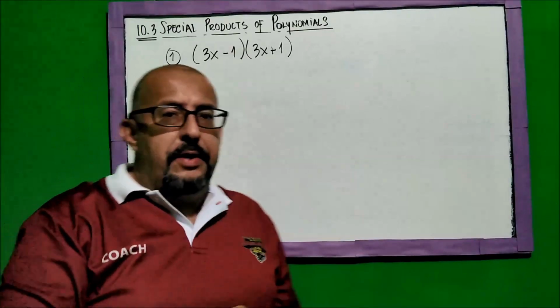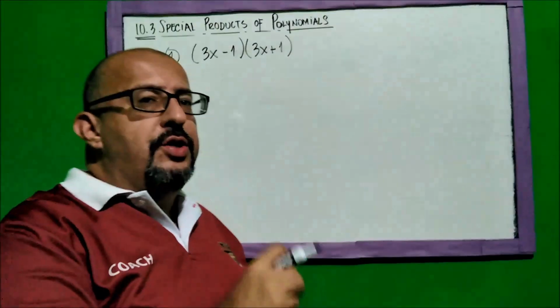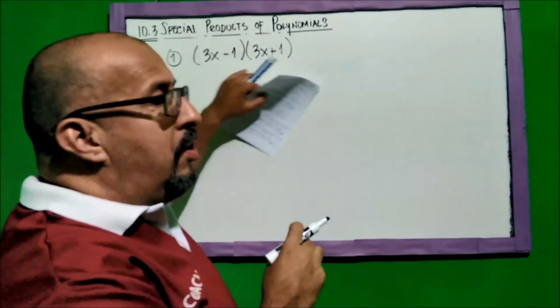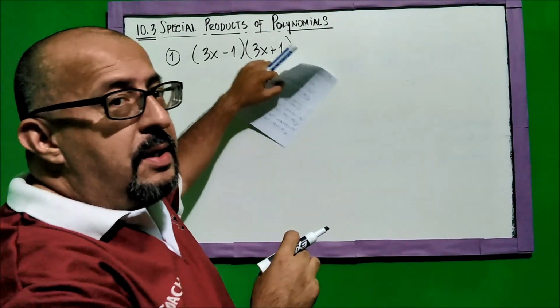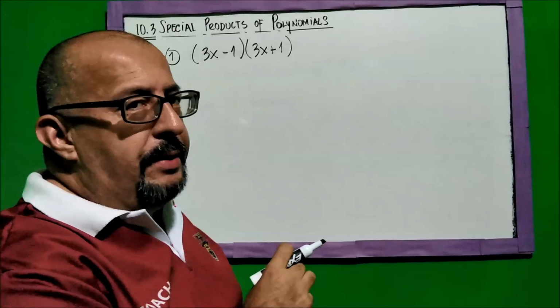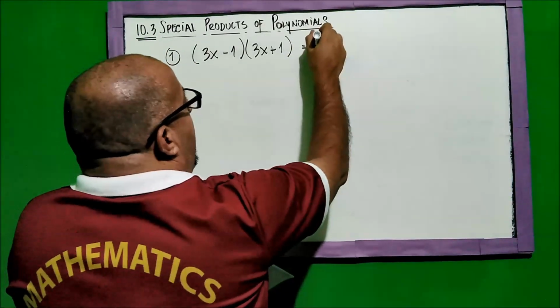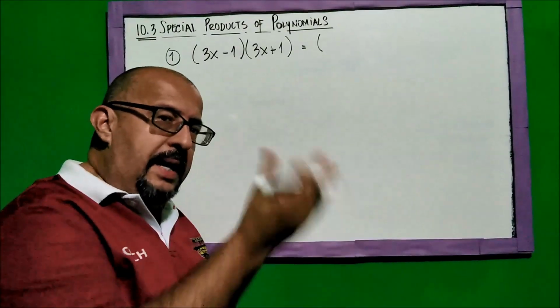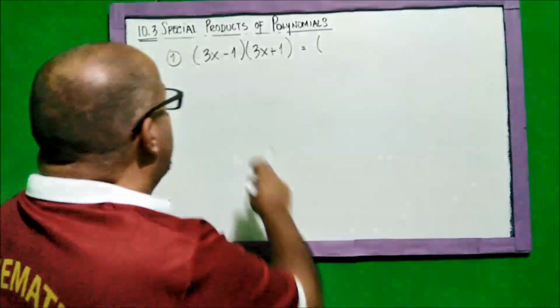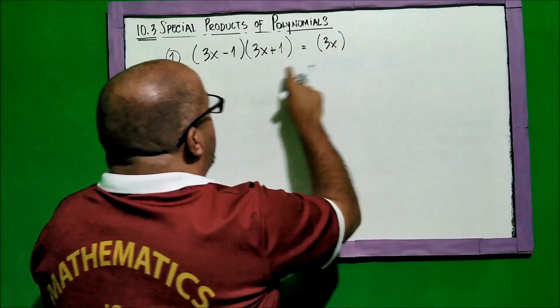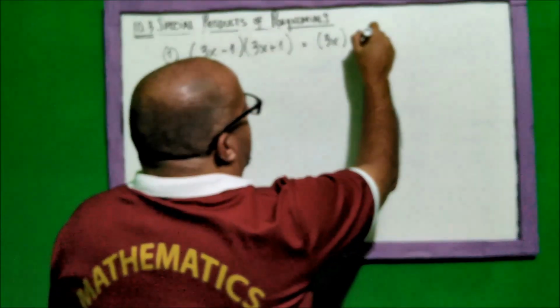As you can see in here, we have a situation that involves a sum and difference pattern. One of the parentheses is adding, the other parenthesis is subtracting. So we identify the elements A and B according to the pattern. A will be 3x and B will be number 1.